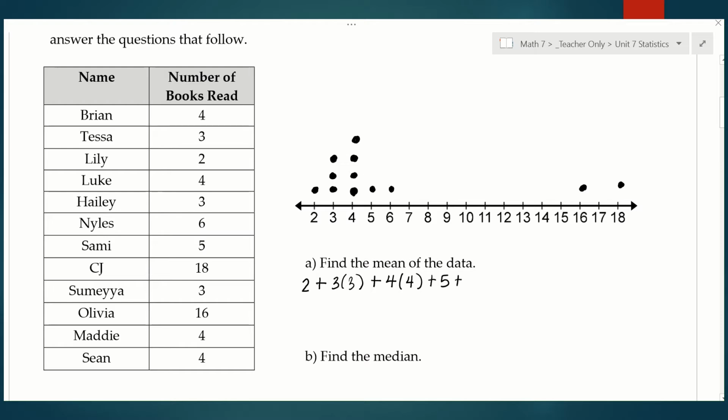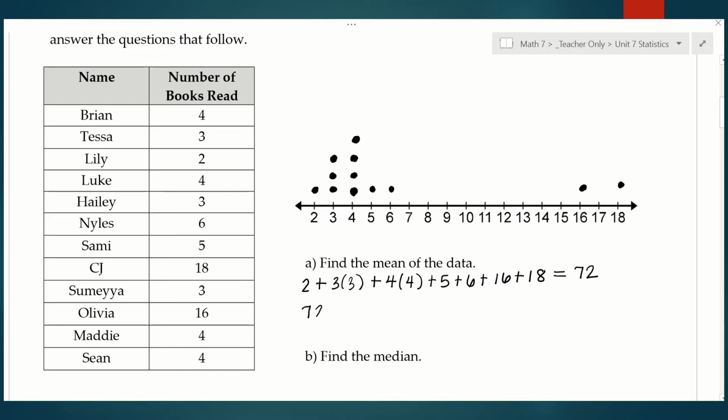And then there's a 5, a 6, a 16, and an 18. Okay, so if we go ahead and get the sum of all of those data values, and remember you are allowed to use a calculator here, so feel free, we should get that the total is 72.